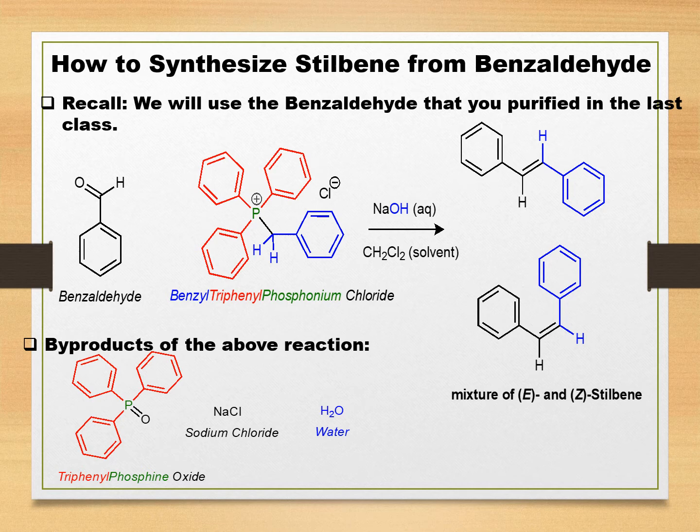So the overview of the reaction is we have benzaldehyde and we have that reagent, and we make this reaction in an alkaline solution using an organic solvent, methylene dichloride, to synthesize racemates of stilbene, both cis and trans of stilbene. And of course the reaction has byproducts such as triphenyl phosphine oxide, sodium chloride, and water.